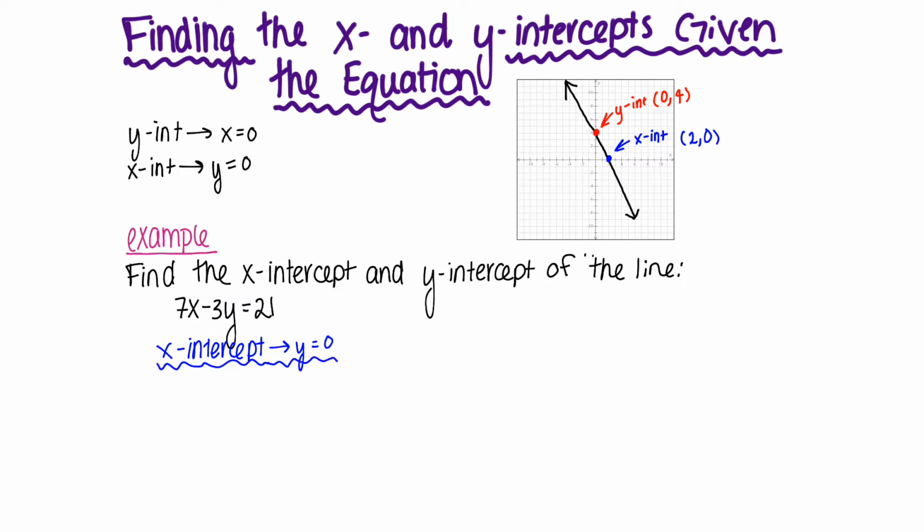So I'm going to plug y equals 0 in. So 7x minus 3 times 0 is equal to 21. But 3 times 0 is just 0, which means I can ignore it altogether, and I will have 7x equals 21. Divide both sides by 7, and you get x equals 3. So the x-intercept is 3.